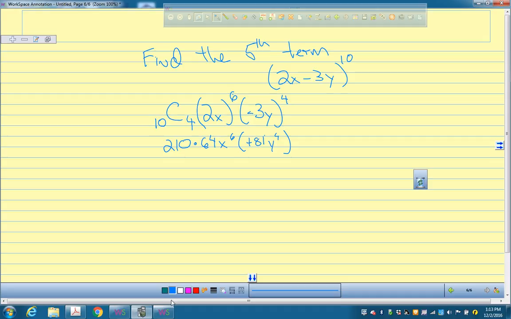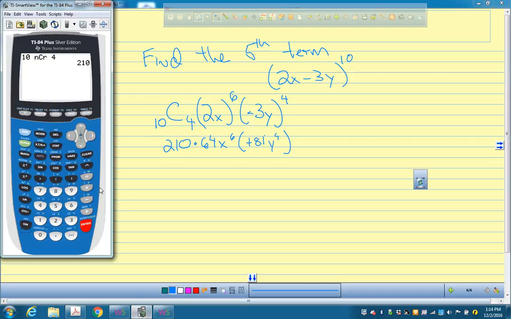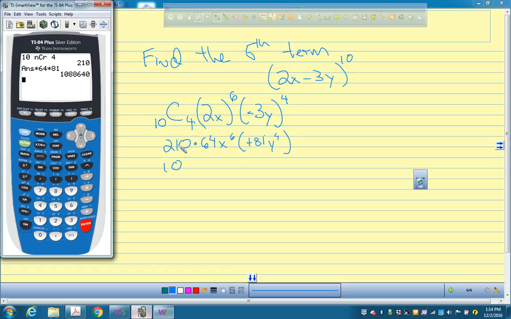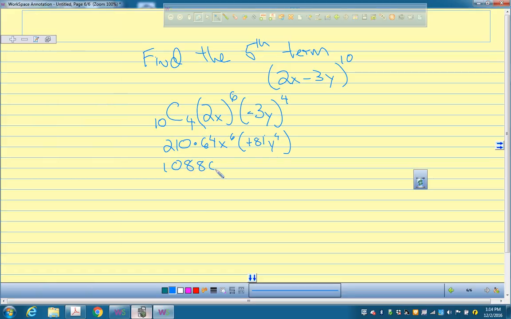And then I just multiply all that stuff together. 210 times 64 times 81 equals 1,088,640, x to the 6th, y to the 4th.